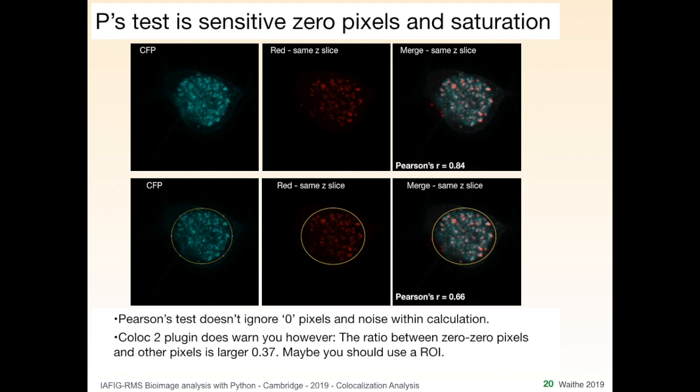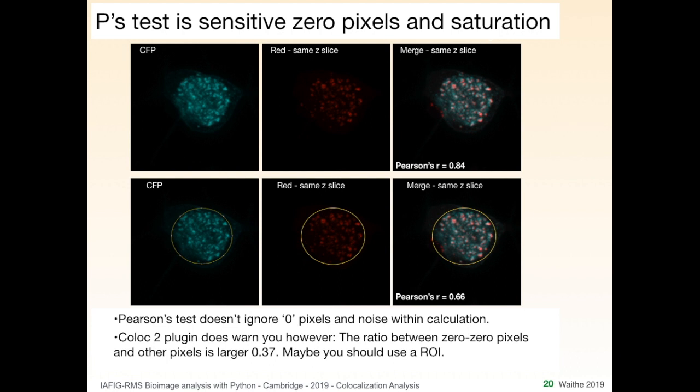As long as your hypothesis is, are the pixels in this image correlated, then it still makes sense. But we, as biologists or scientists, are more often interested in what's happening in the cell. So in this case, we've changed our hypothesis. We've drawn a region around our cell, and here we are asking the question, are the pixels within the cells correlated?